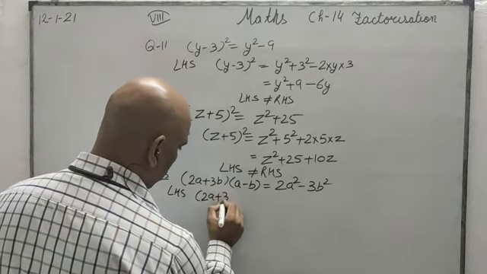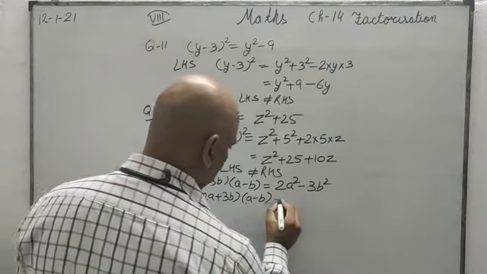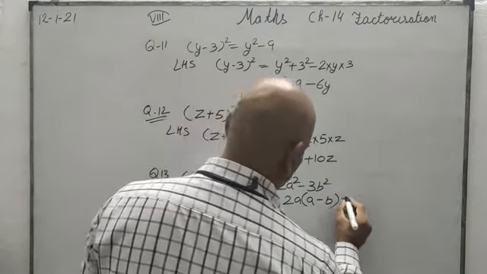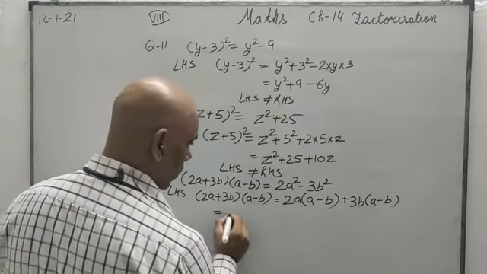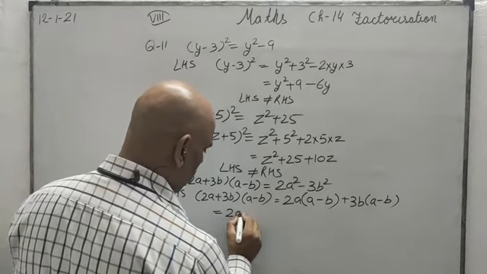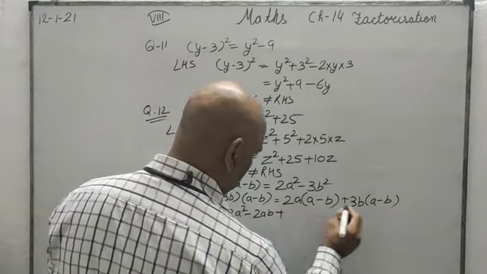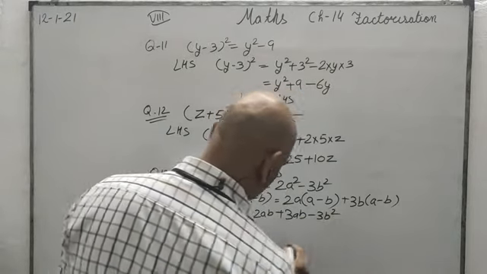2a plus 3b when multiplied by a minus b, it will be something like this. 2a will be multiplied by a minus b, and plus 3b will also be multiplied by a minus b. So 2a into a is 2a square, and 2a into b is minus 2ab, plus 3ab and minus 3b square.